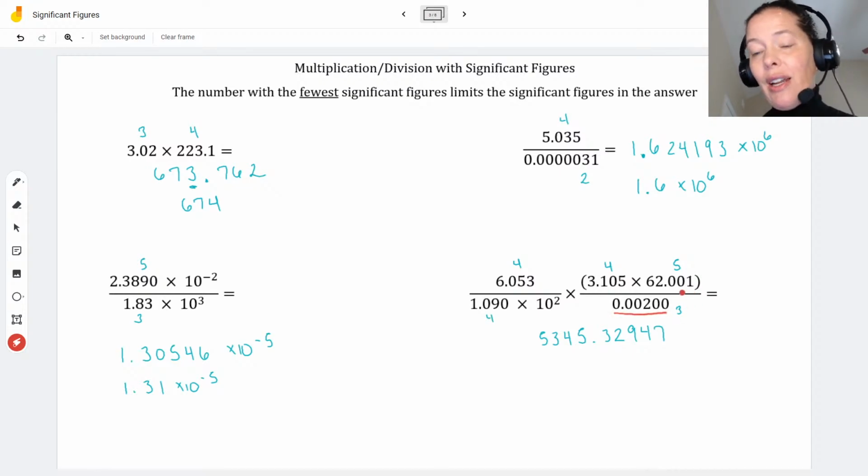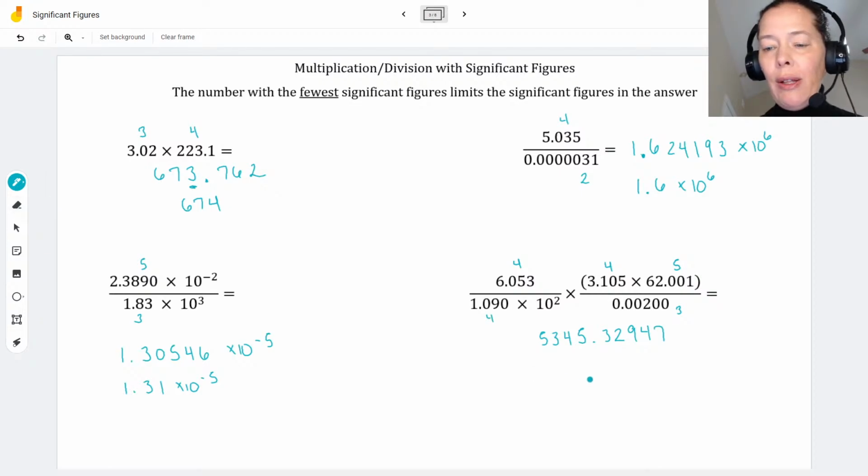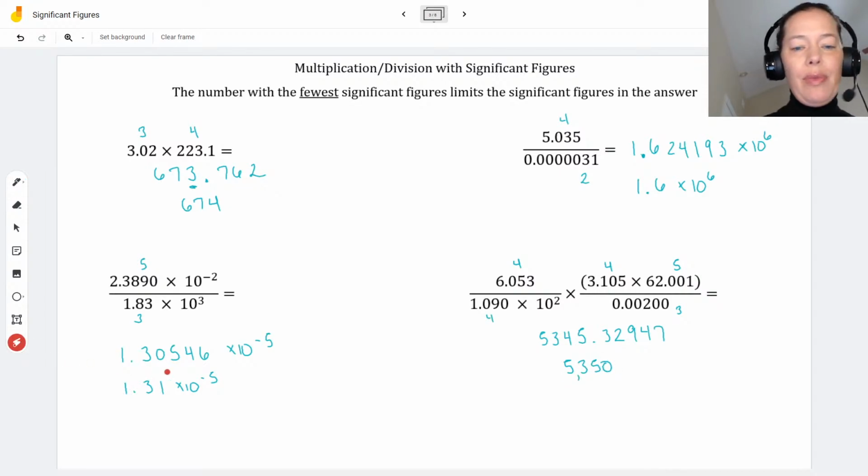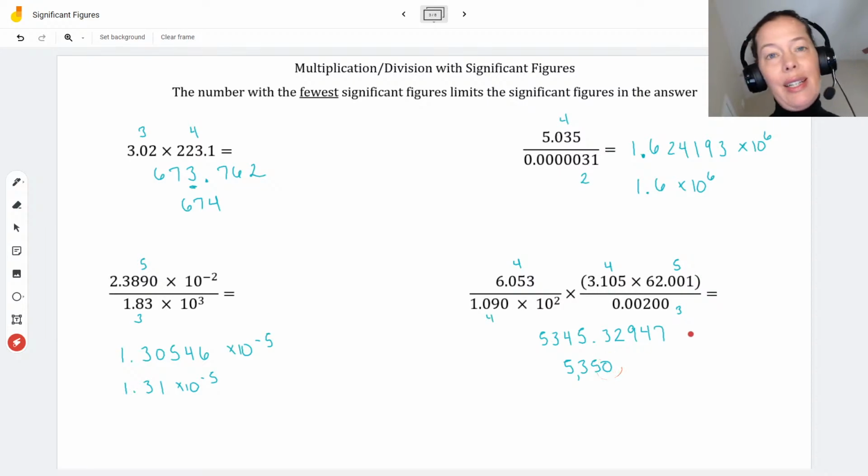Okay, and it looks like that denominator there is going to limit our answer, so we need to round. So we can actually do this a couple ways. So we can just round here like this. Remember, this 0 is not significant. It is not to the right of the decimal.